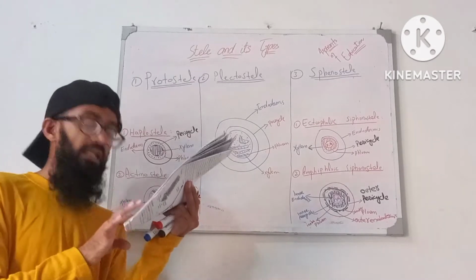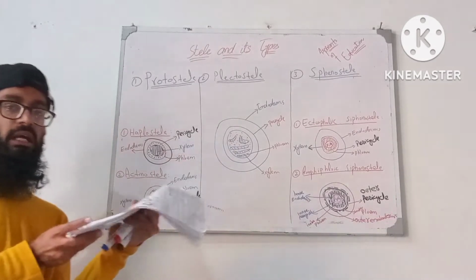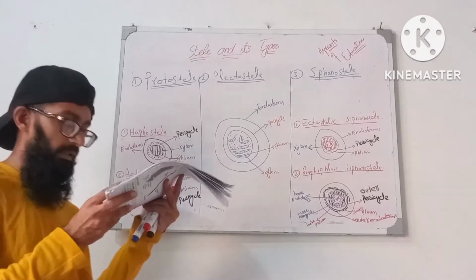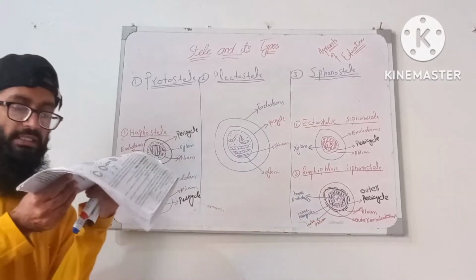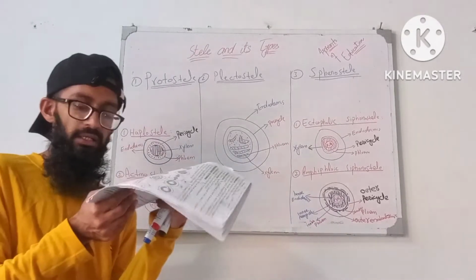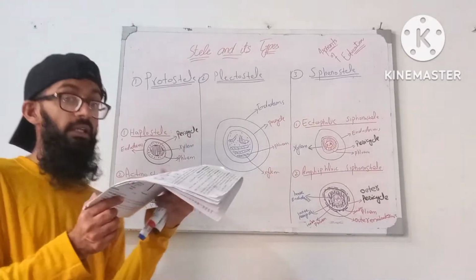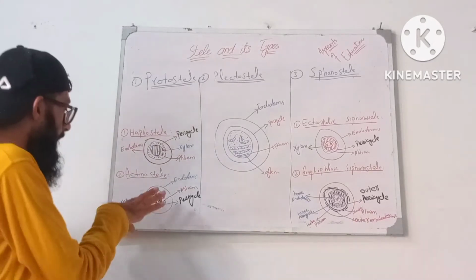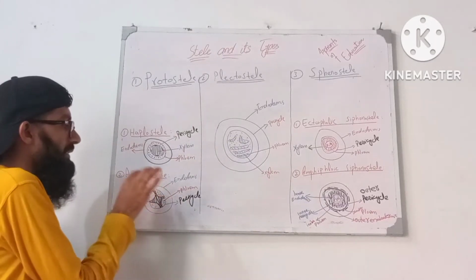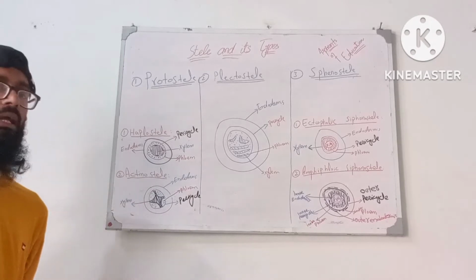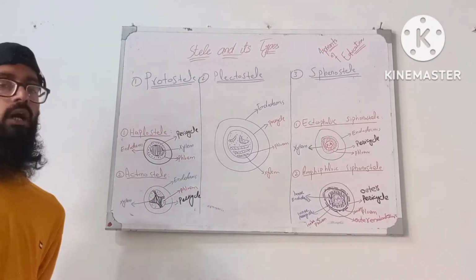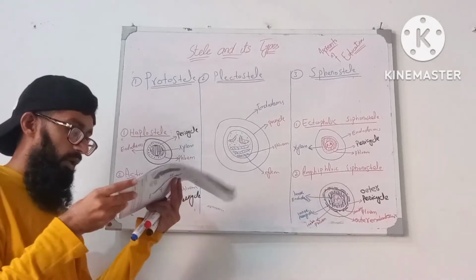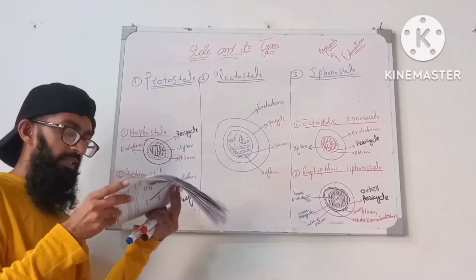Actinostele is the protostele in which the xylem core is star-like. Now we see the next plates.